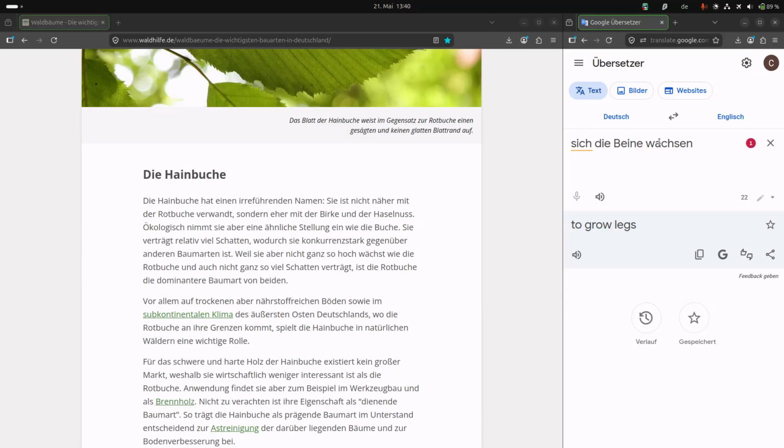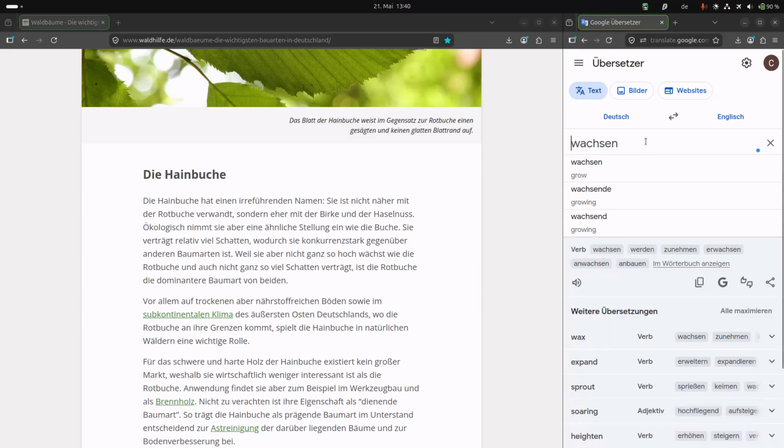This is also still translated incorrectly, but it would mean to wax, waxing your legs, basically. But in general, wachsen does not have to do with wax, but rather it has to do with growing. So wächst in this case means grows.